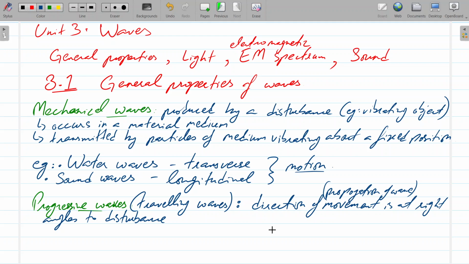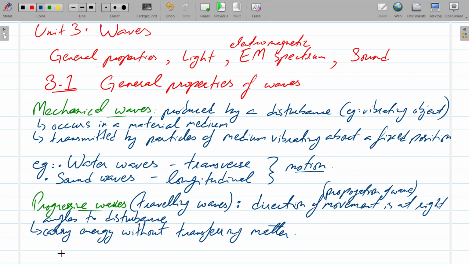And they move without a transfer of matter. So they carry energy without any matter being involved, without transferring matter.